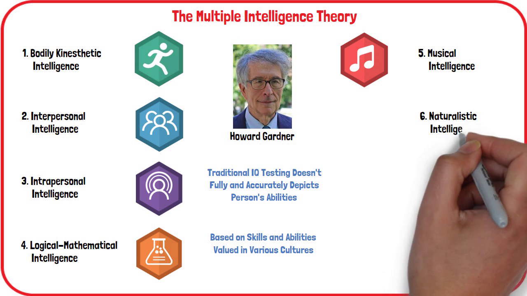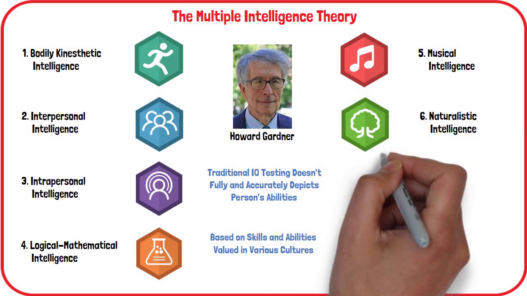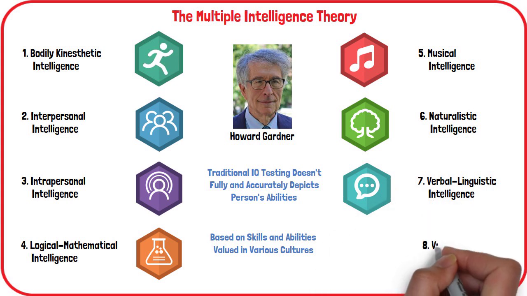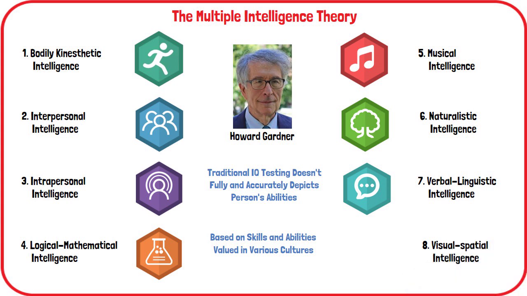Naturalistic intelligence, the ability to recognize and categorize animals, plants, and other objects in nature. 7. Verbal linguistic intelligence, well-developed verbal skills and sensitivity to the sounds, meanings, and rhythms of words. 8. Visual spatial intelligence, the capacity to think in images and visualize accurately and abstractly.